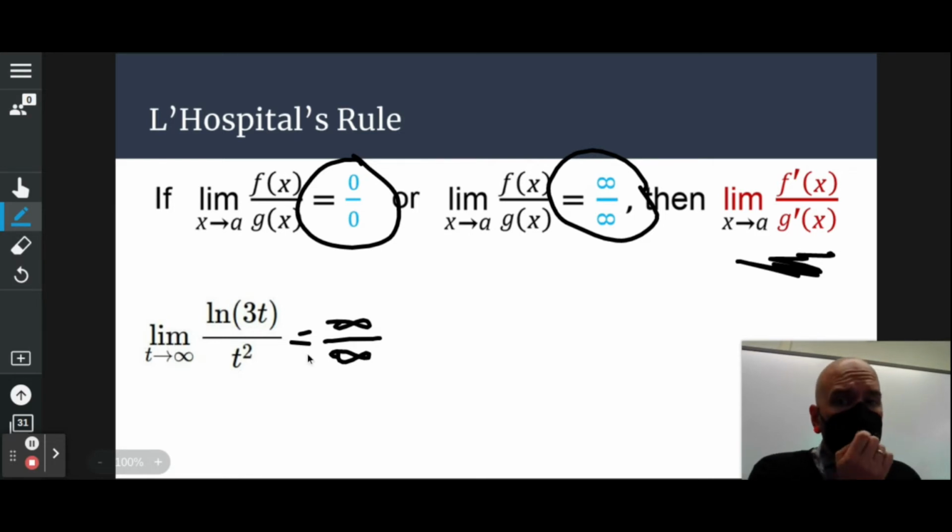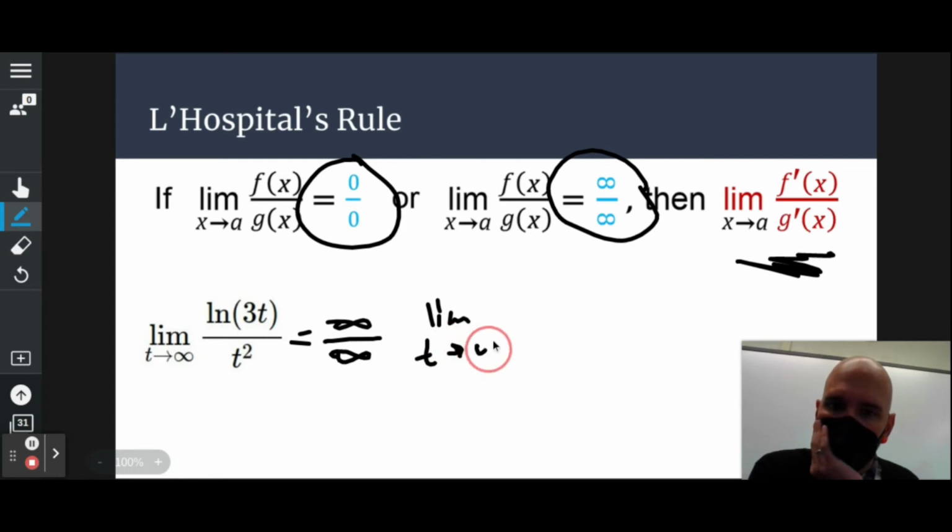So what I do is I take the derivative of the top. So I would have the limit as t approaches infinity of, let me see, ln of 3t's derivative is 3 over 3t, all over 2t.